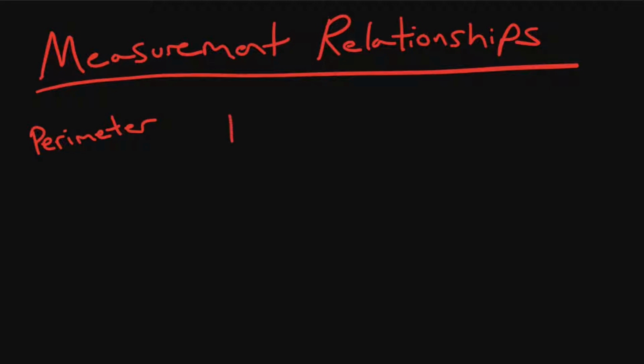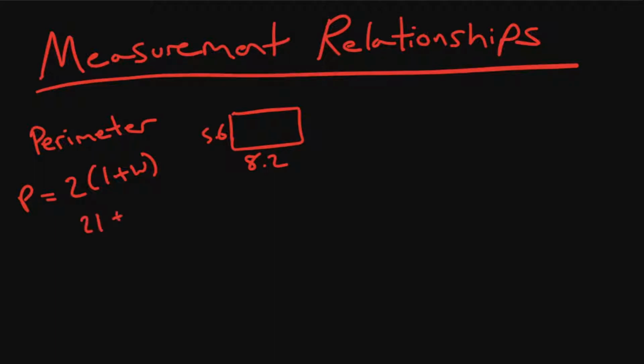So if you have a rectangle that's 5.6 on one side, 8.2 centimeters, then your perimeter is length plus width times 2, or 2 length plus 2 width if you want to expand using the distributive property.